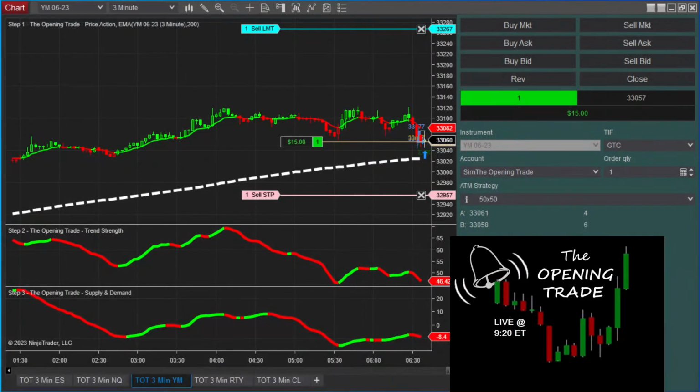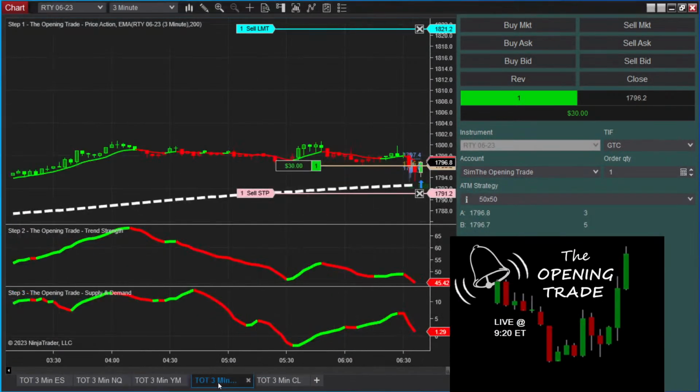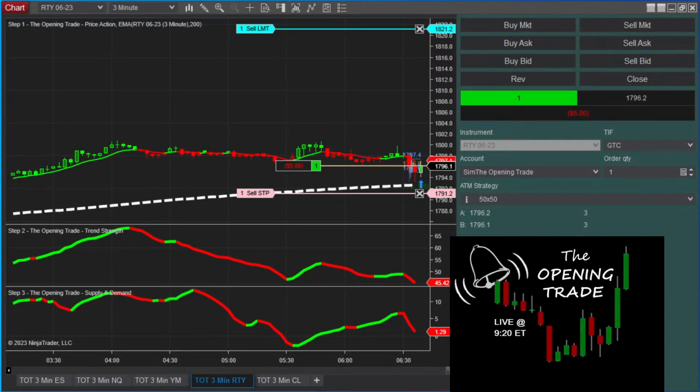All right, so we heard the computer, which means that our Russell fired off. The first thing we're going to do, after we check and make sure it's the right chart that fired off, is disable the strategy in case I want to move those stop losses up.